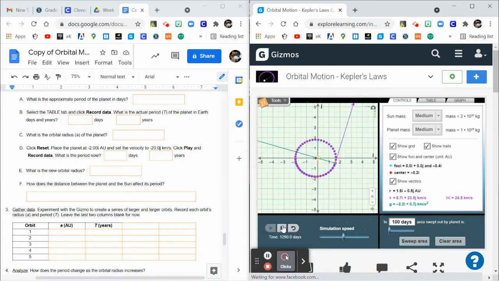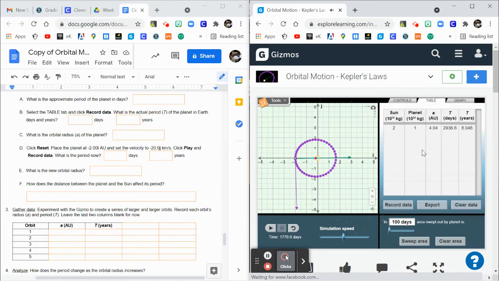Let's click on table and record data. All right. So on this one, what is the period now? The period now is 883.1 days. And then it would be 2.4 years.